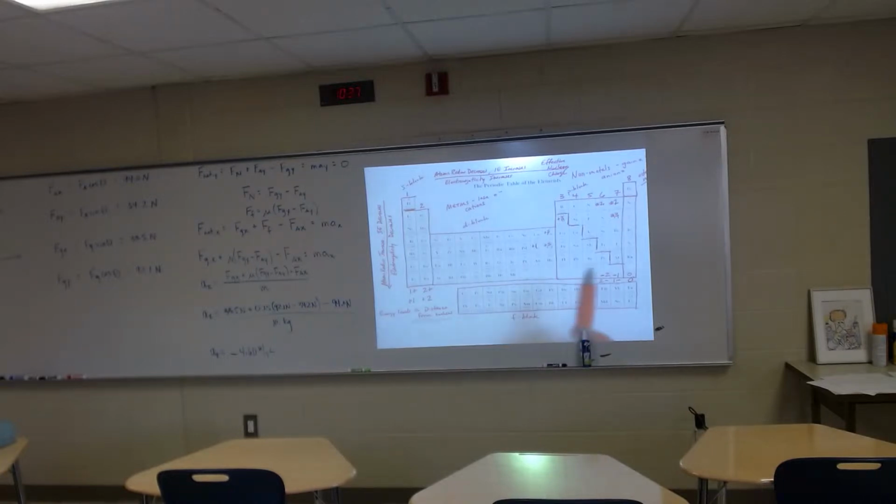That makes the outer energy levels more distant from the nucleus, which means the radius is going to be larger, the ionization energy is going to be lower, and the electronegativity is going to be lower. It's because of the distance from the nucleus that is caused by those larger energy levels.